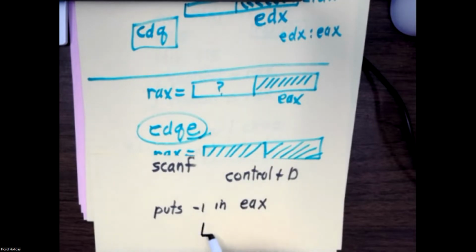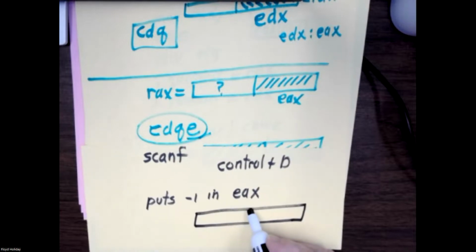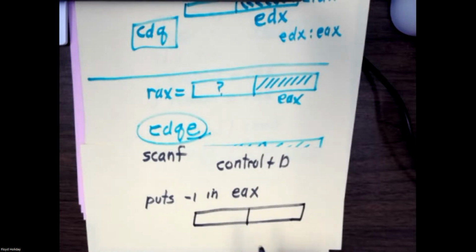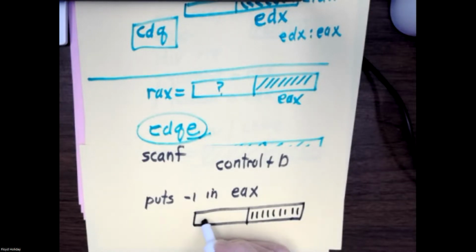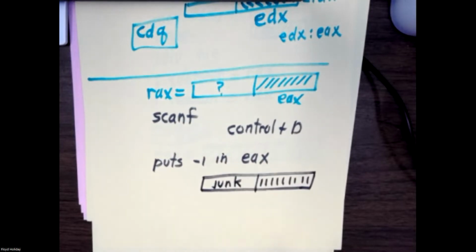So the register is filled in its lowest half with -1. We know -1 is all ones. But this part has junk, unknown stuff.